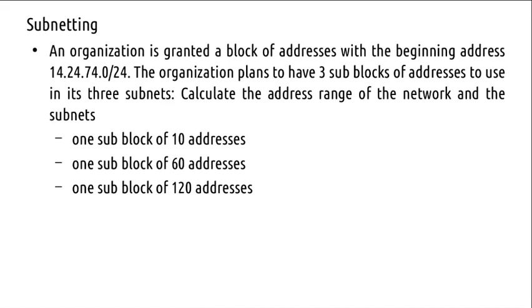Some ISP is granted a block of addresses beginning with 14.24.74.0/24. Now they have to allocate to 3 users. One requires 10 addresses, another requires 60 addresses, and the other requires 120 addresses.